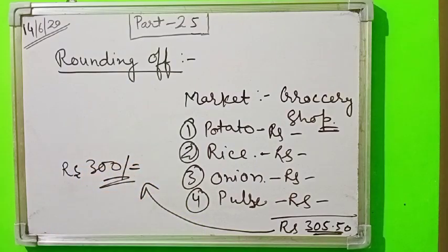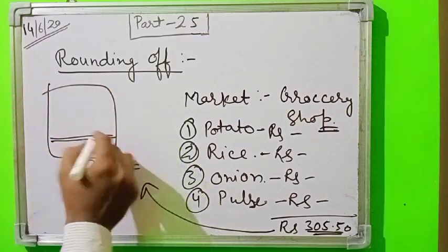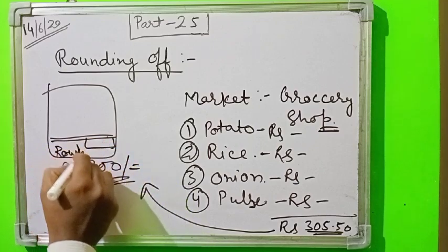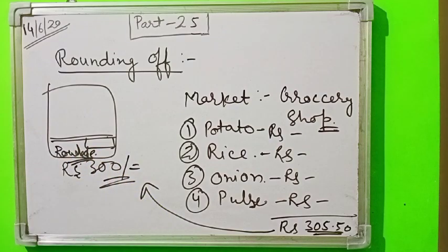You have visited malls, and in malls you have seen that when you purchase items, the billing amount is rounded off. Rounded off means close to the even figure.